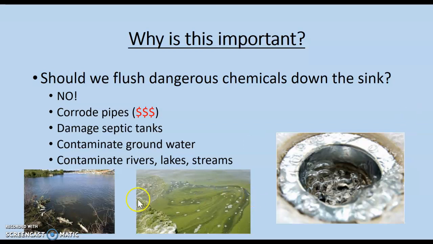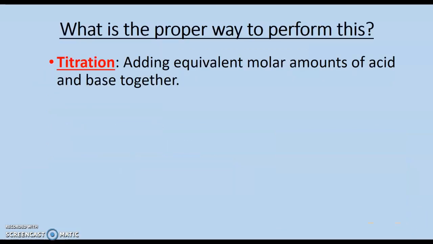So looking at these pictures down here, the fish can die, can get some nasty algae. You can't swim in it. If there's ducks or any other wildlife that rely on this water, they can get sick and die. So there's a lot of environmental issues that could happen if we don't follow the neutralization process.